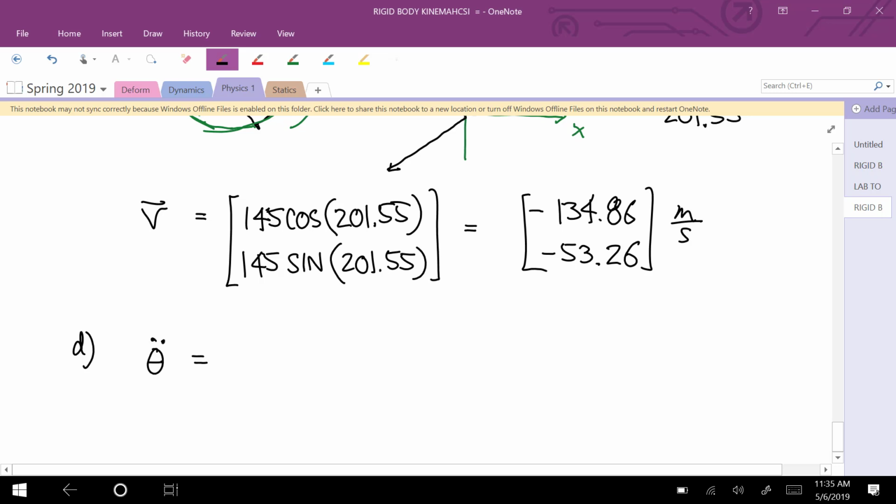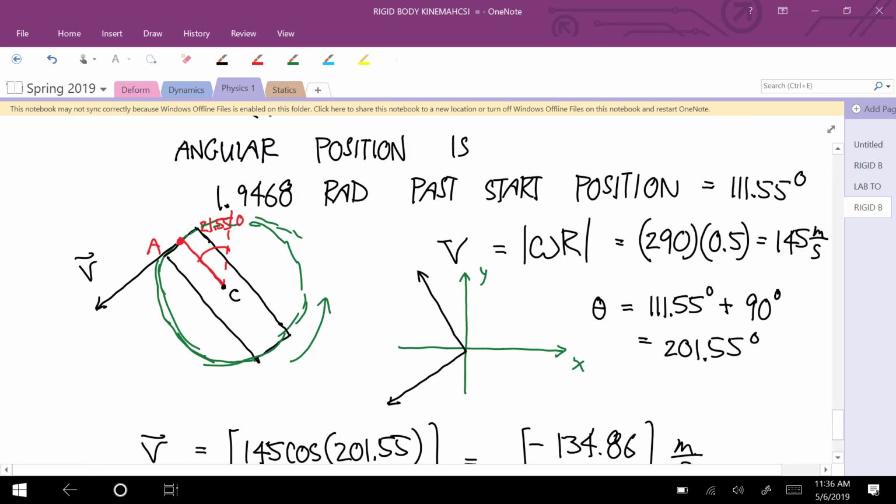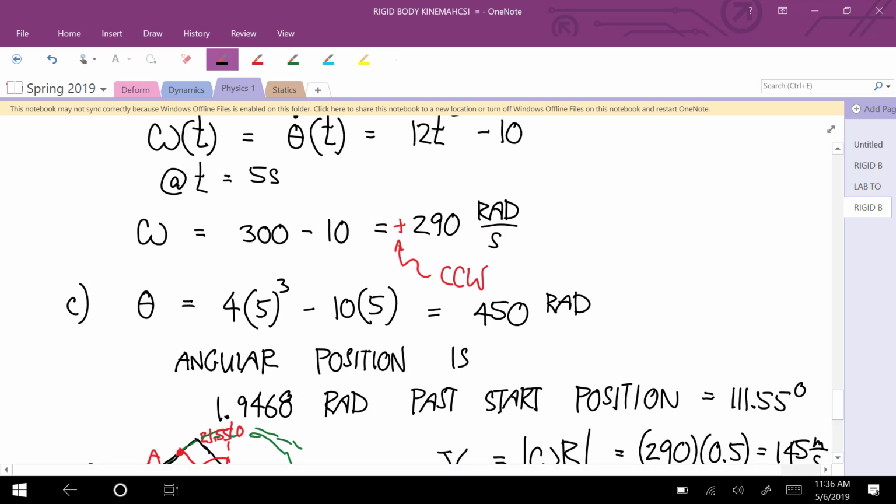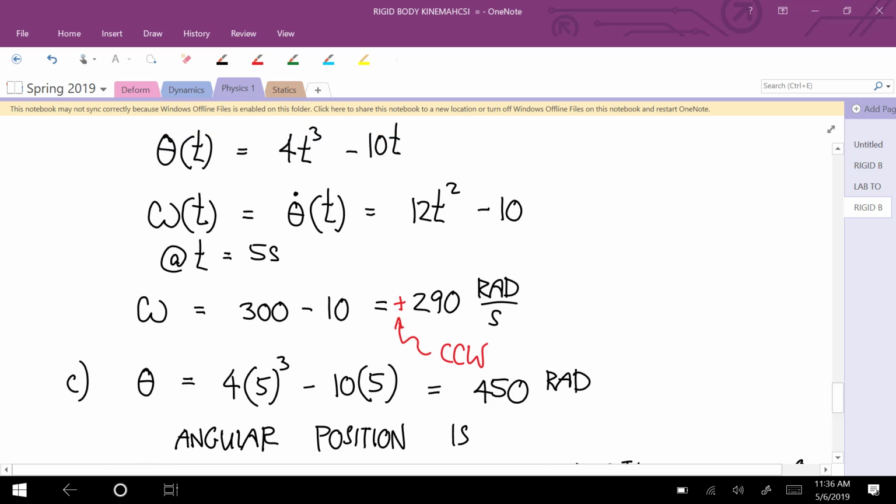Theta double dot: so that was 12t squared minus 10, now we got 24t. This is the second derivative, so we're just taking the time derivative of 12t squared minus 10. So we just have 24t.